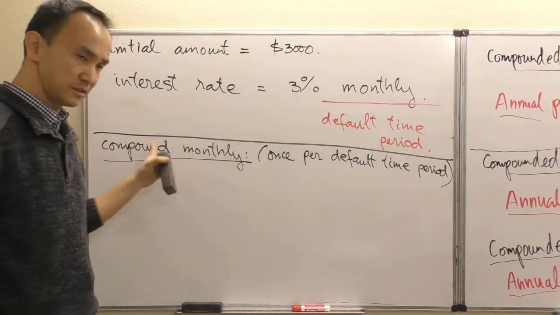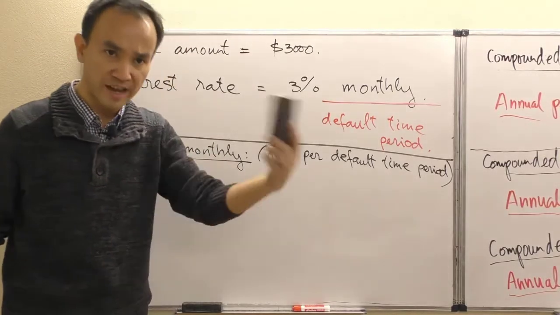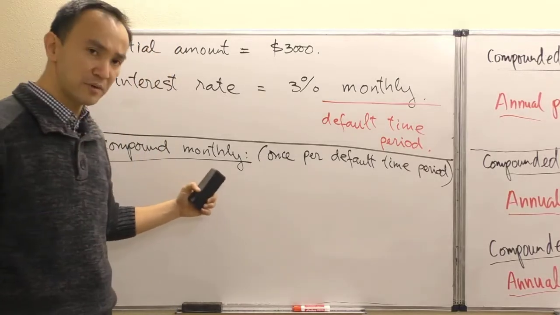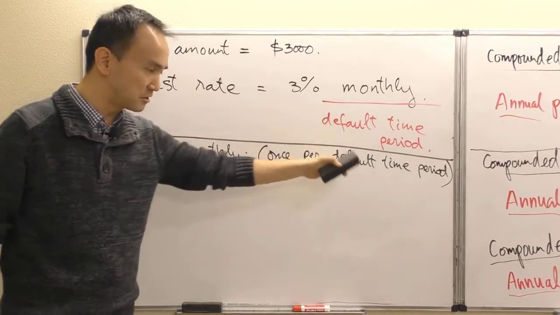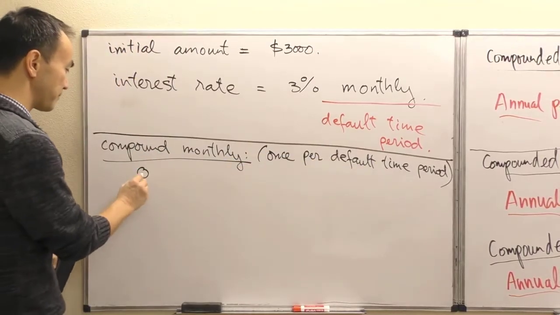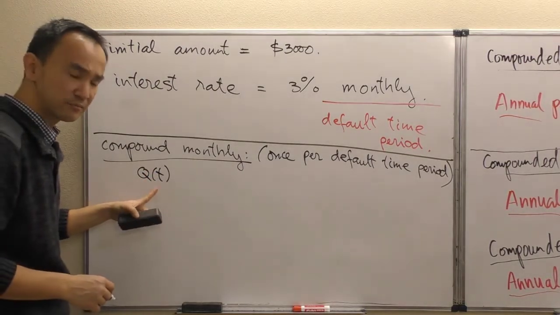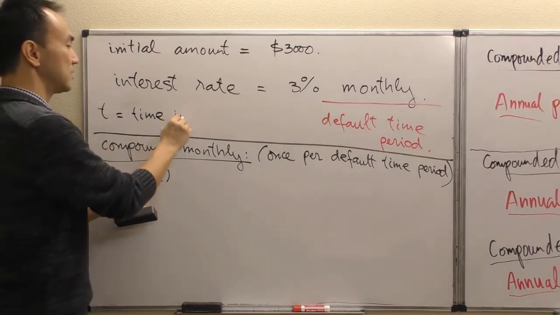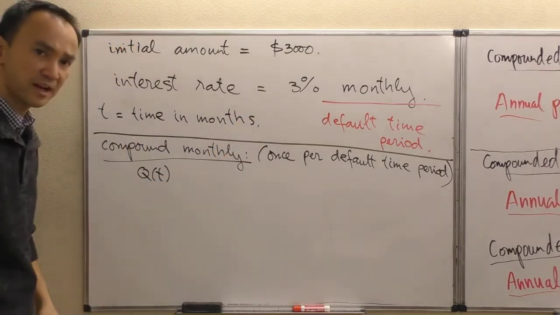So compounding the interest at this point means we're calculating the interest monthly, or more generally speaking, once per default time period. Then yes, the future quantity in some t months later. So yes, t is the time variable, but now in months. Makes perfect sense that way.